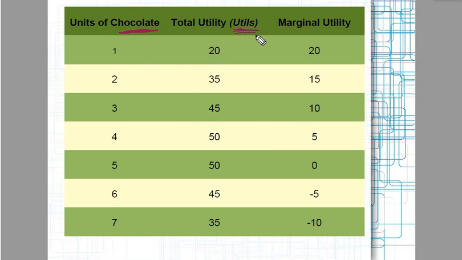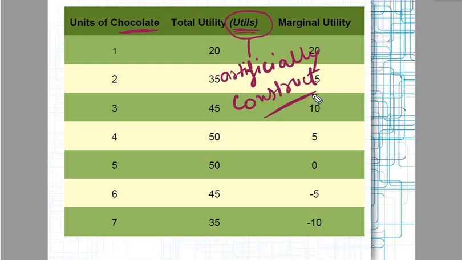Now these utils are nothing but an artificial construct. It's not a real thing, but we have invented it. Gaussian invented it, because otherwise what are you going to call a number which is assigned to the level of satisfaction?